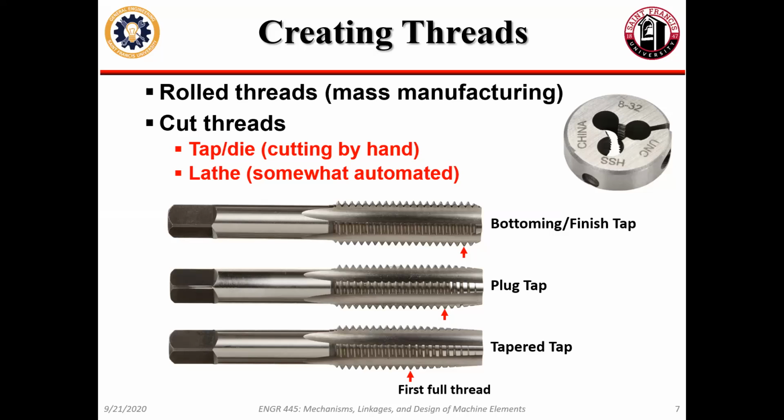Okay. So a tap is one of those things on the bottom. You physically turn that into a piece of material and it cuts threads. So each one of those is a particular thread pitch and a particular diameter.